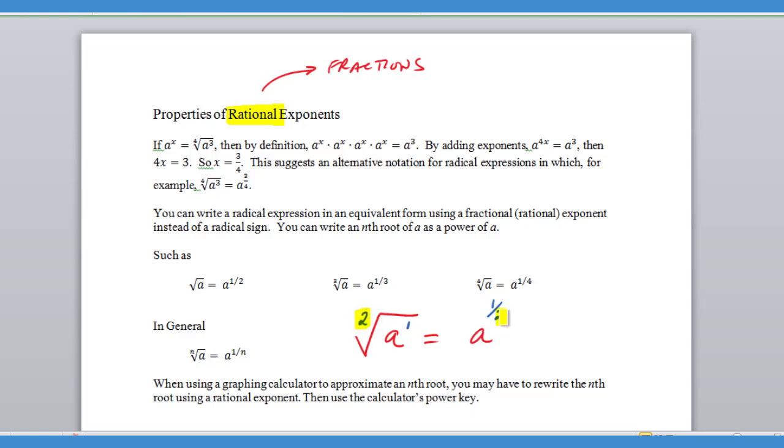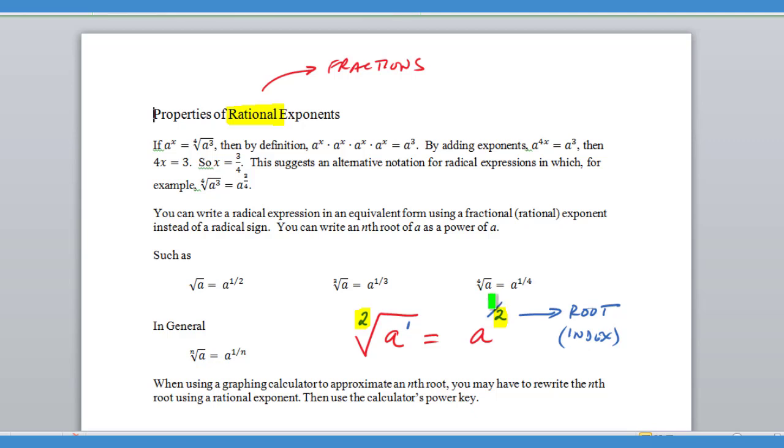Now, a couple things that you want to look at here. Notice where the 2 comes from. In the rational exponent, that 2 is a result of the root or the index from the radical. And so you can kind of make that connection there.